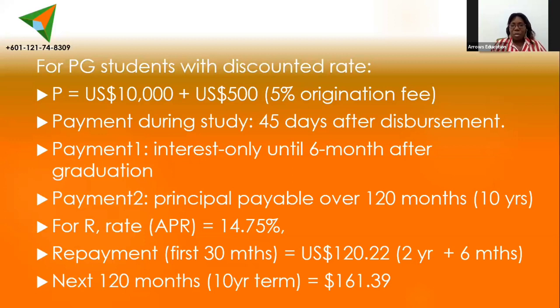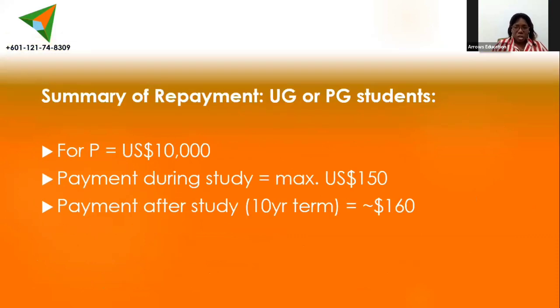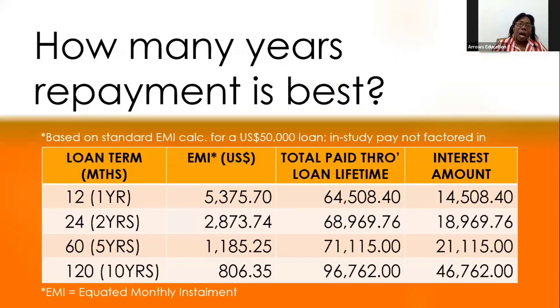So none of them is undoable, actually. So the summary of the payment for undergraduate or postgraduate is for a principal of $10,000, payment during study is maximum $150, and payment after study maximum $160. It's doable. Now, how many years of repayment is the best thing is the next question that I would like to address. So I want you to take a look at this.